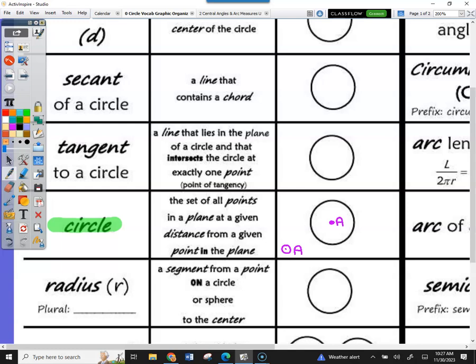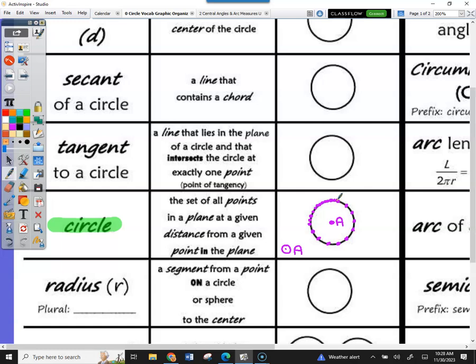Now I want you to take your pencil and draw points all the way around. And then I want you to get gradually closer with your points so that it looks like we're trying to show that, even though these are the only points I'm putting on here, how many are actually on this circle? There's infinite. It's the same concept as with a line. How many points are on a line?